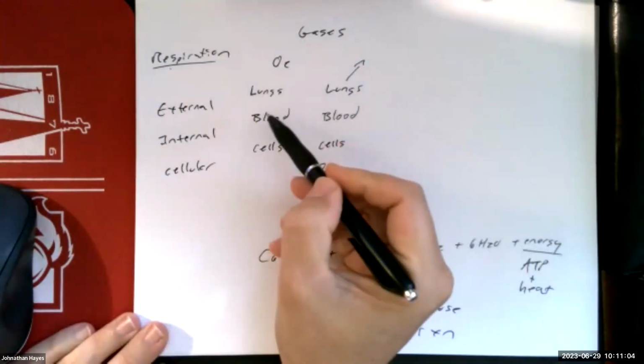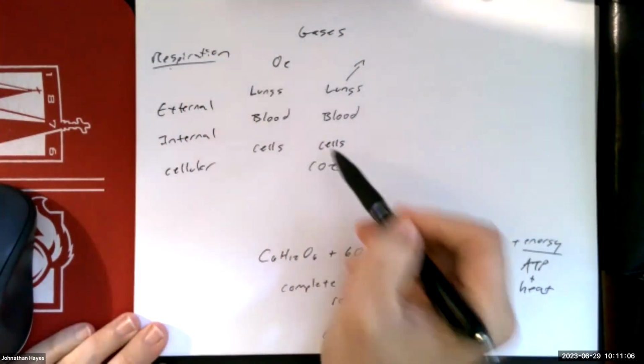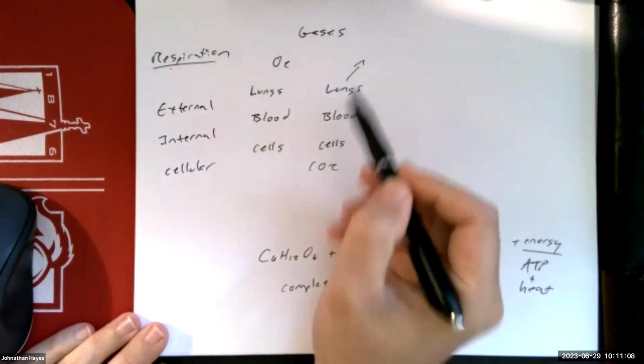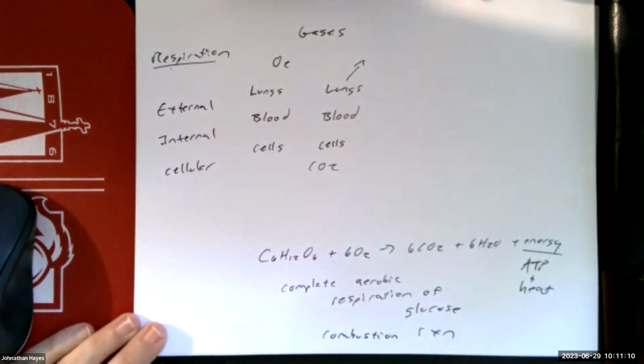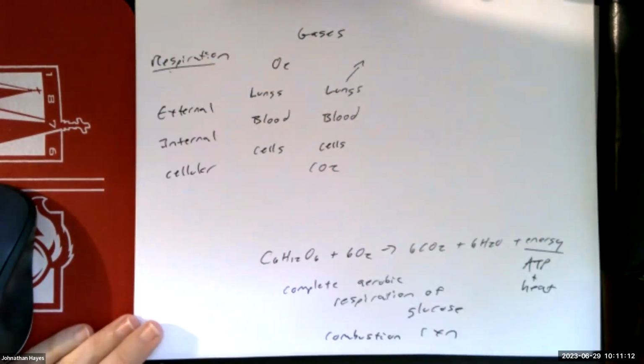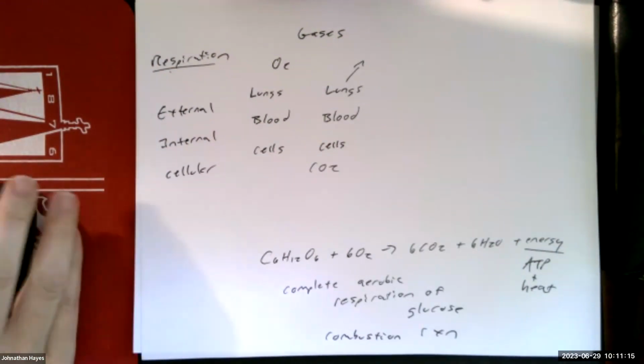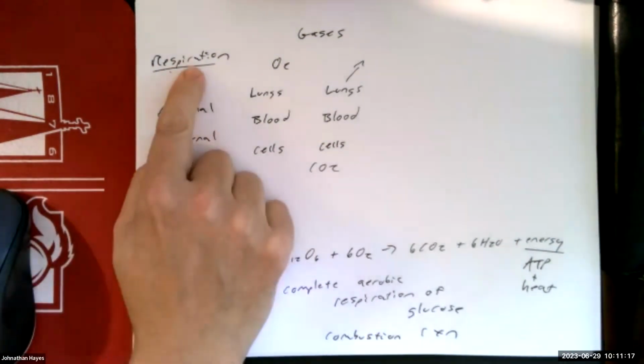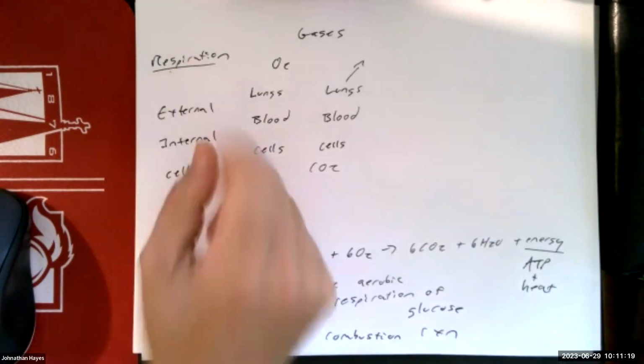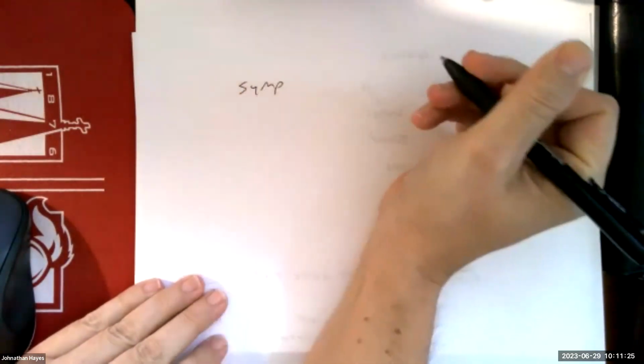So we go from lungs to blood, blood to cells, and then from cells back to the blood, from the blood back to the lungs, and then back out again. So easy peasy. But a lot of times people forget that this is a big concept, right? So when we were talking about sympathetic nervous system, so this is tying into old stuff.